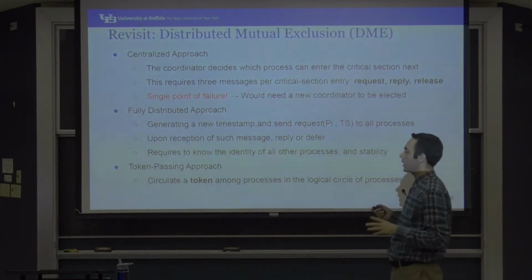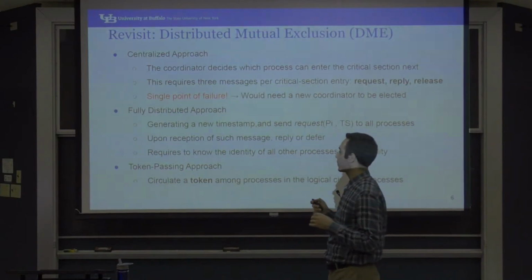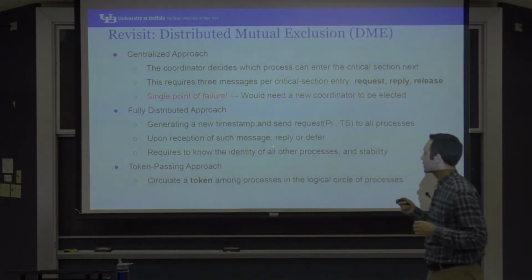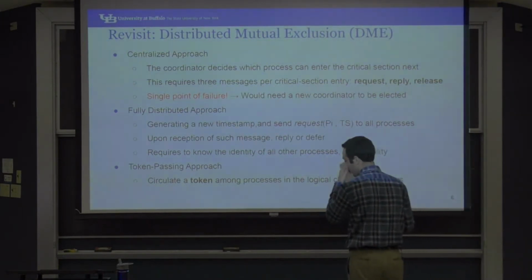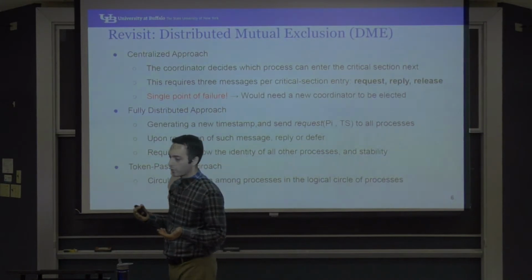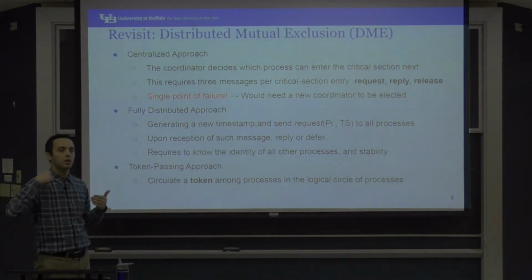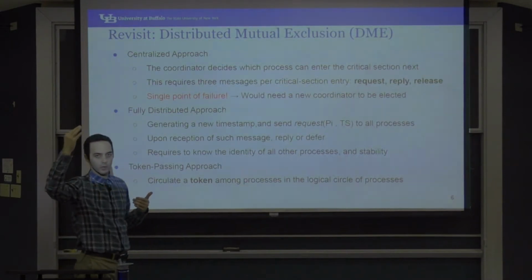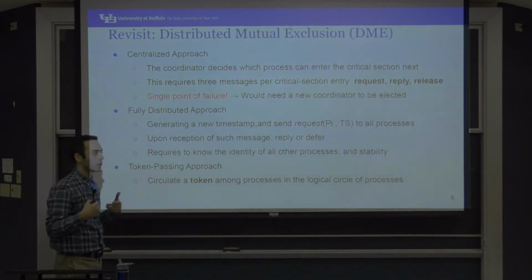Based on the intention and situation of each process, they can reply to that message immediately or defer it. For example, if a process doesn't want to enter the critical section and receives a request from another process, it replies immediately and gives them the thumbs up.